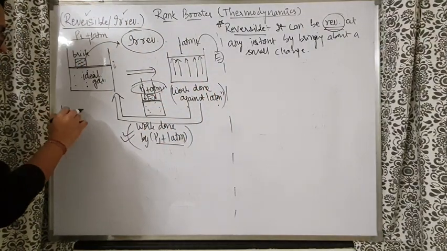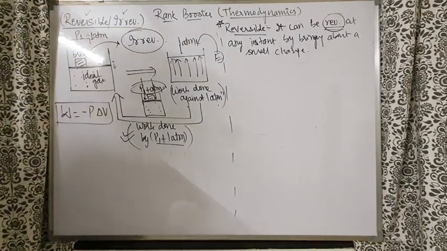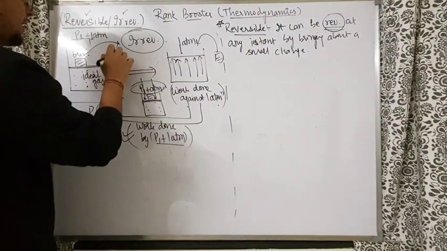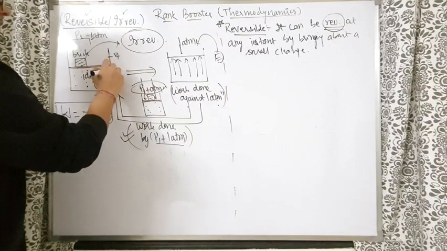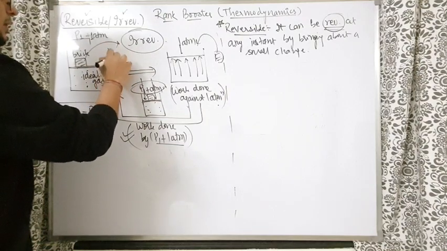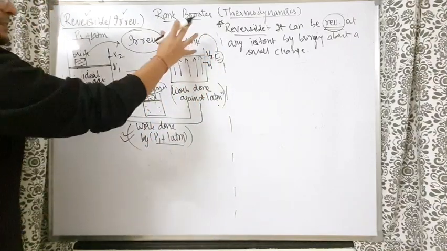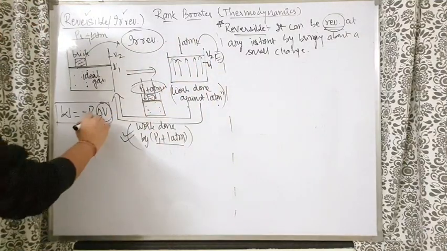W is minus P delta V. We went from V1 to V2 while expanding, and while compressing we came from V2 to V1. So delta V is the same.